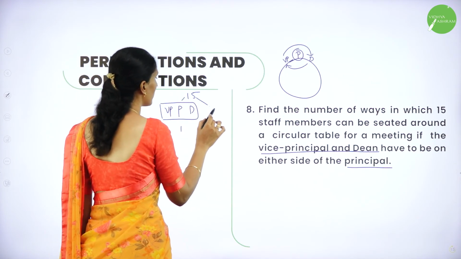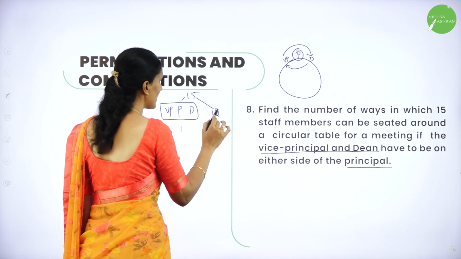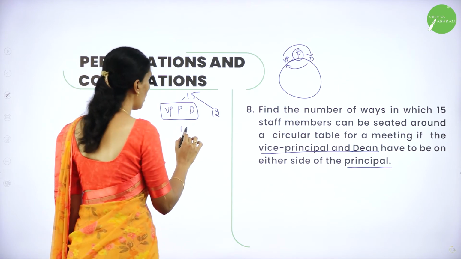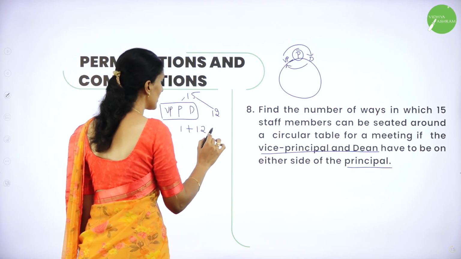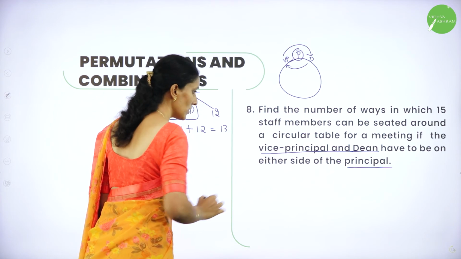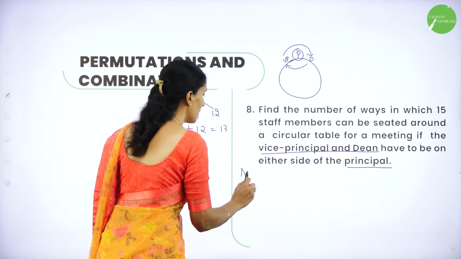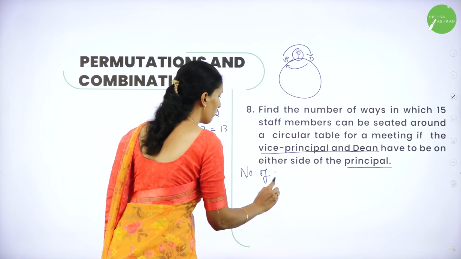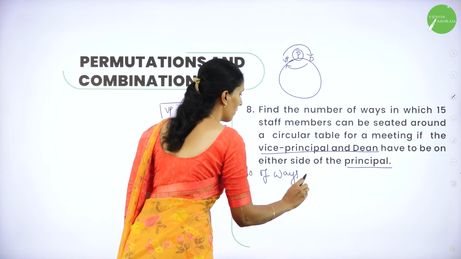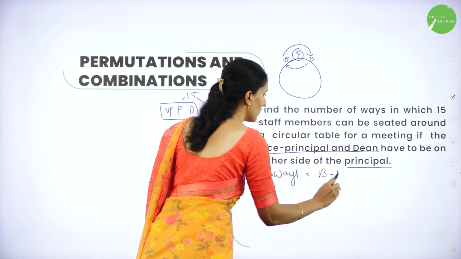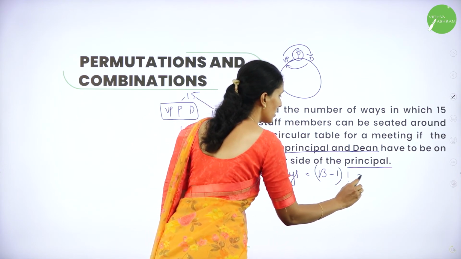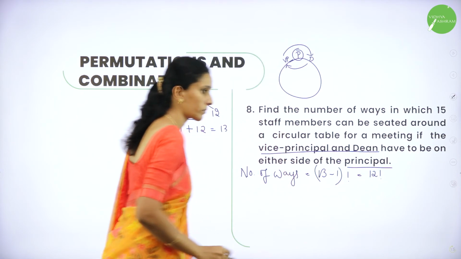And the remaining 12, we have 12 staff members. So 1 plus 12 is equal to 13 staff members we should consider. Now what will be the number of ways for 13 staff members? The number of ways will be 13 minus 1 factorial, which is 12 factorial.